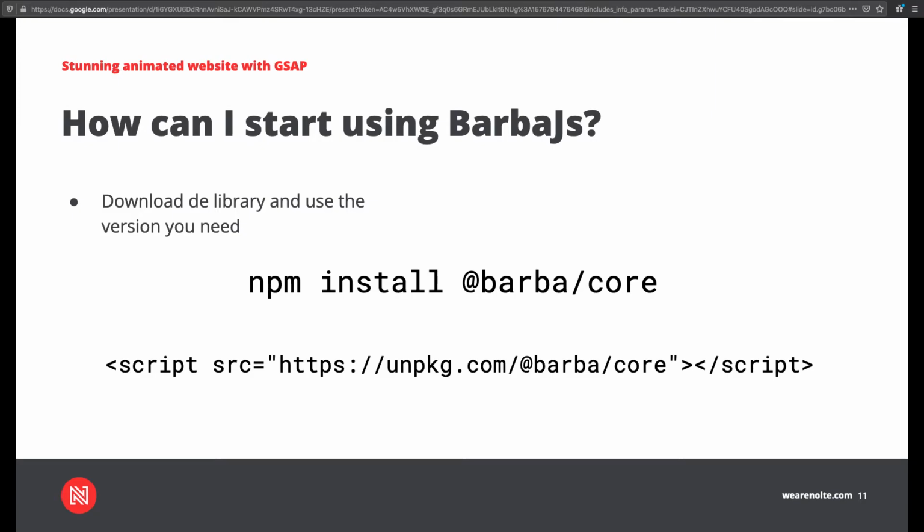So how can you start using Barba? Well, you can download the library. You can use npm install if you want, or you can add the Barba core in your head or your body, depending on your needs.